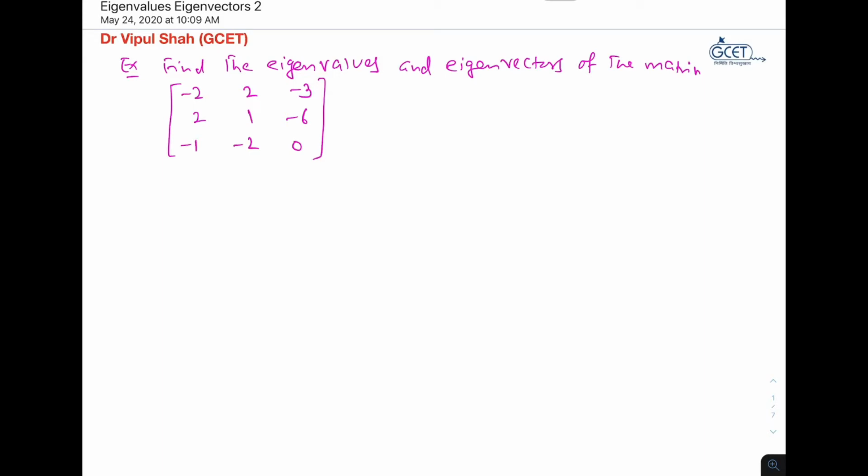So let us take this matrix as, say, A. Let A be the given matrix: -2, 2, -3, 2, 1, -6, -1, -2 and 0.